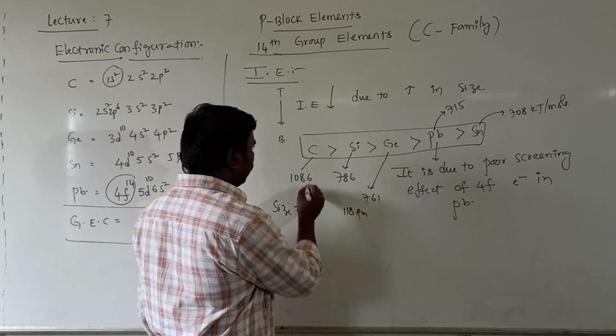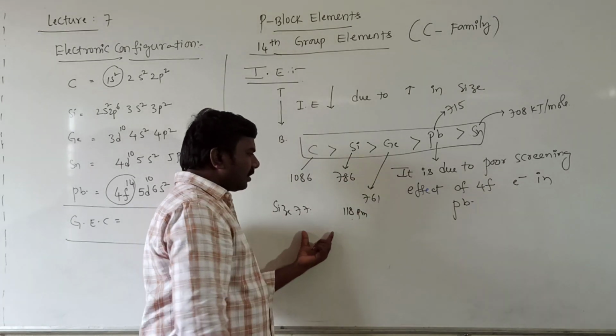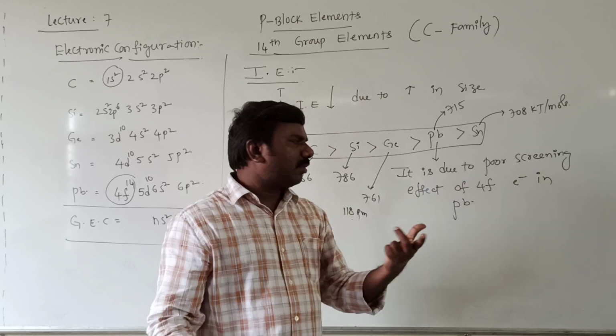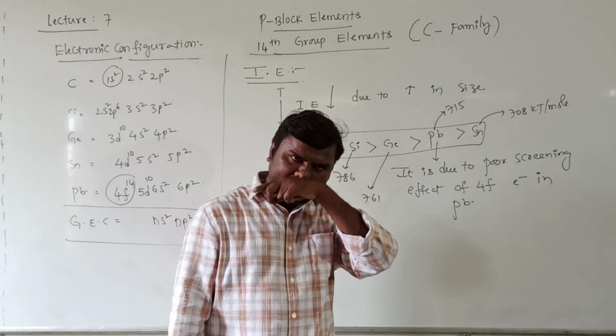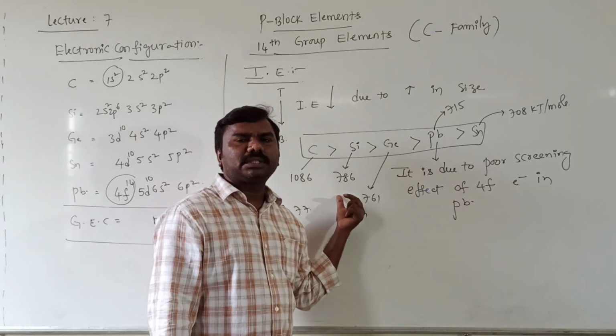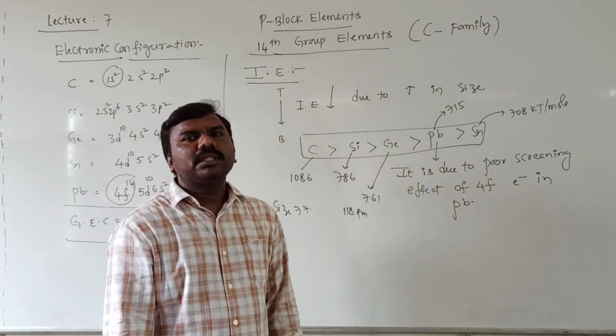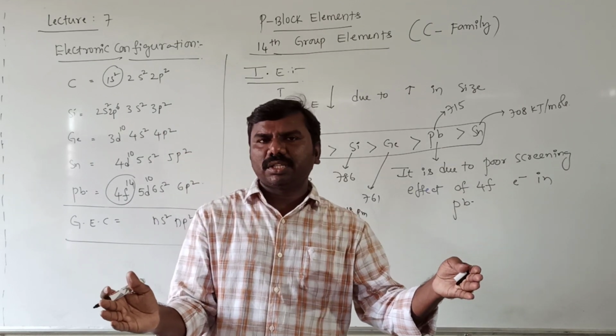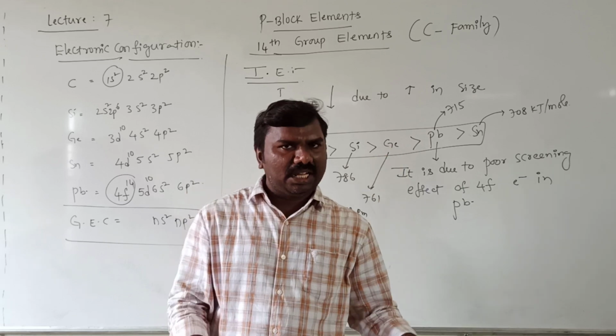It means from carbon to silicon the size suddenly increases, and to remove the electron the least amount of energy is needed, that is 786. There is a sudden decrease in ionization enthalpy from carbon to silicon because the size suddenly increases. That's why the ionization enthalpy value suddenly decreases.